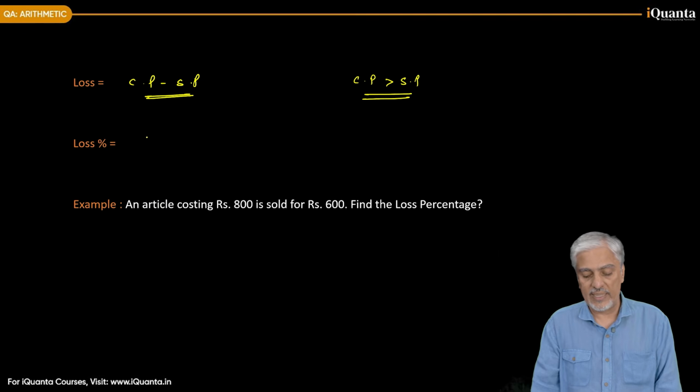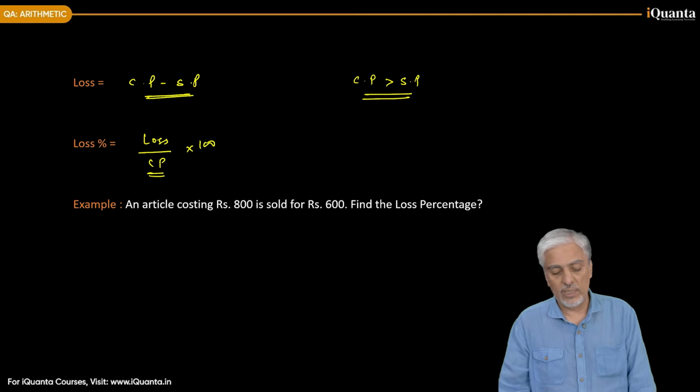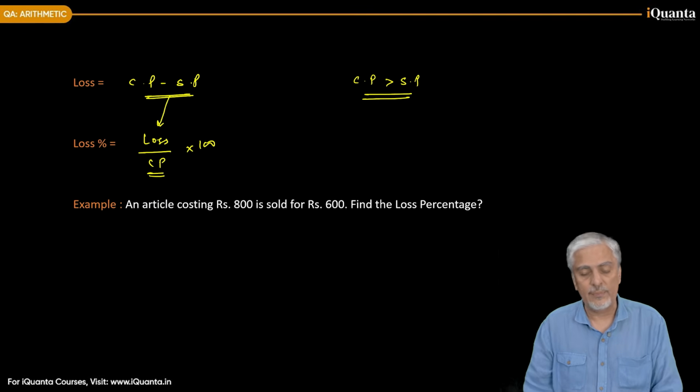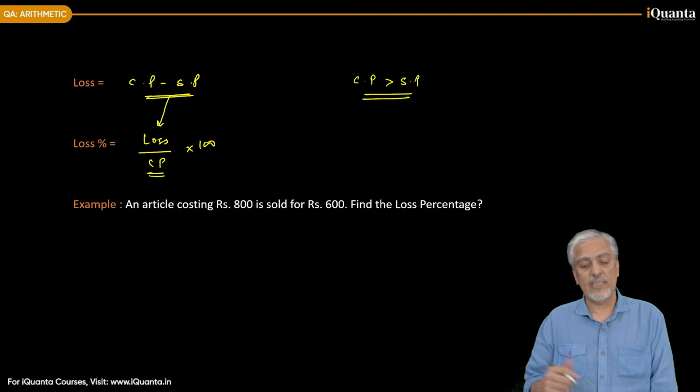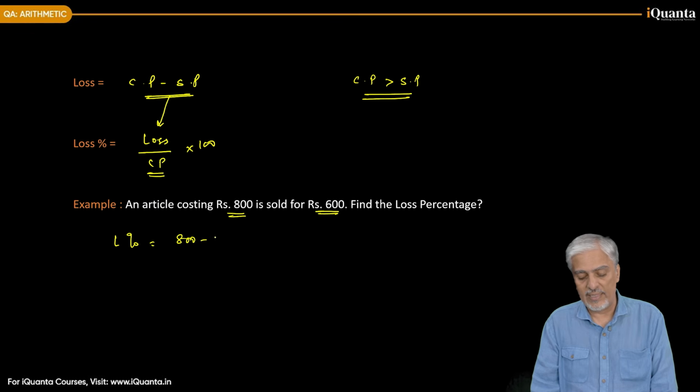And loss percentage will be loss upon, again, still cost price only. Remember, this does not change. The denominator still remains the cost price only. So loss percentage is loss, which is nothing but cost price minus selling price upon cost price into 100. Say if an article costing 800 is sold for rupees 600, find the loss percentage. So the loss percentage will be loss, that is 800 minus 600.